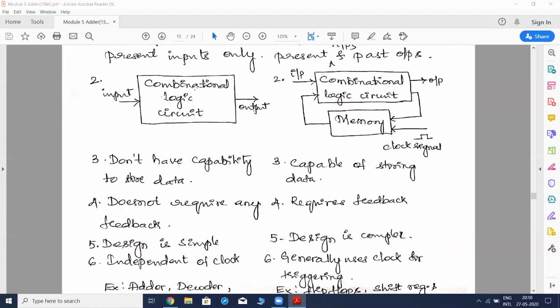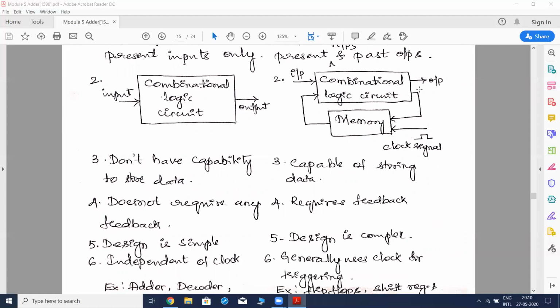But with this combinational logic circuit, we can convert it into a sequential circuit. We have a set of inputs given to the combinational logic circuit, and we get a set of outputs.